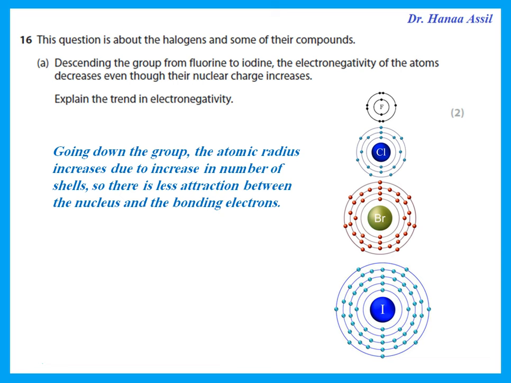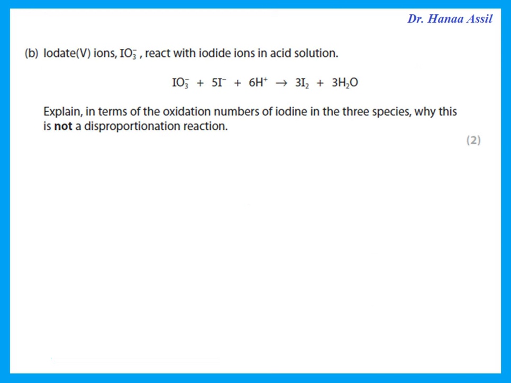Remember, electronegativity is the attraction of the electrons to the positive nucleus. So the one that is more electronegative is more likely to attract electrons to itself. If it is a bigger atom, then there will be less attraction between the nucleus and the bonding electrons.